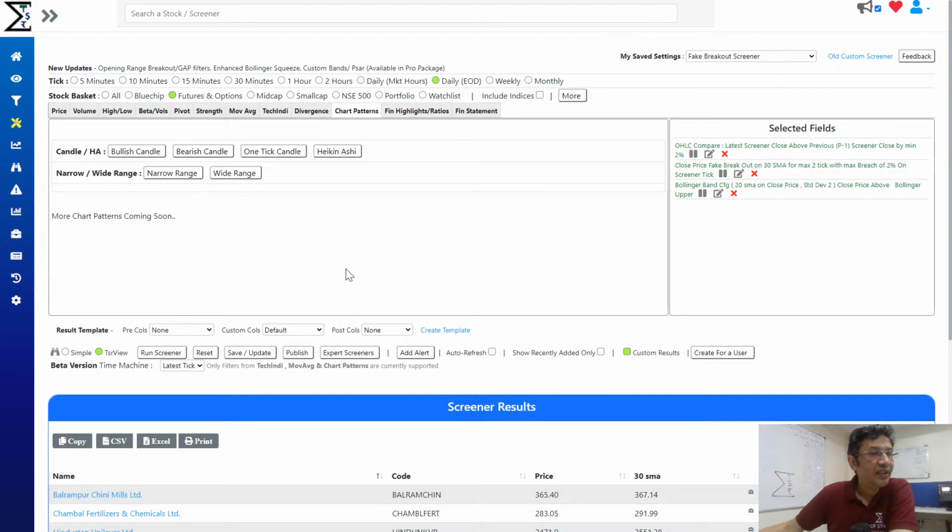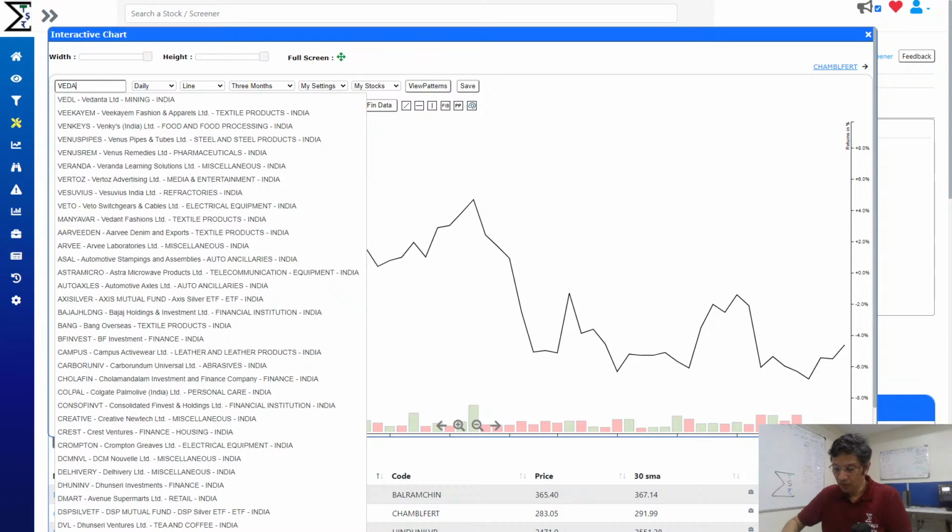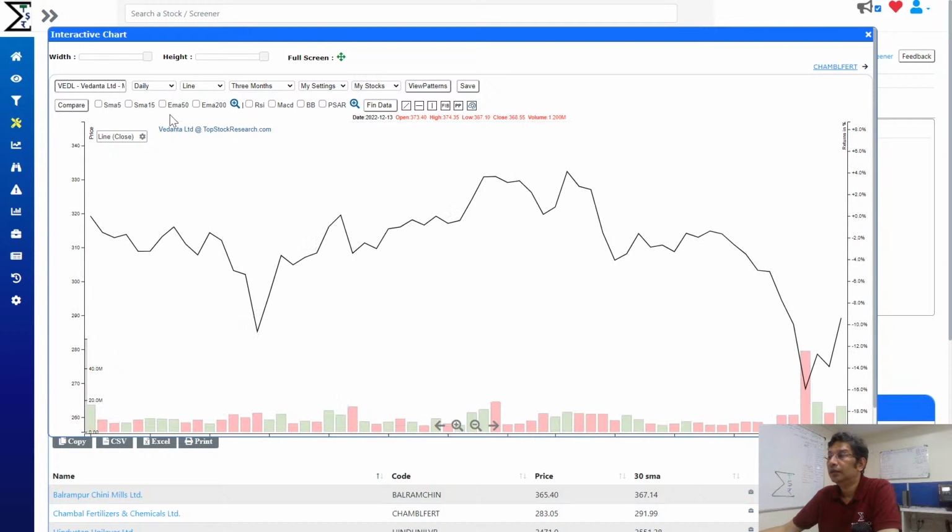Okay. Vedanta, you looked at fake breakout. Vedanta, Rakesh. Okay, let's see Vedanta. Rakesh, on which moving average? 50 simple moving average.